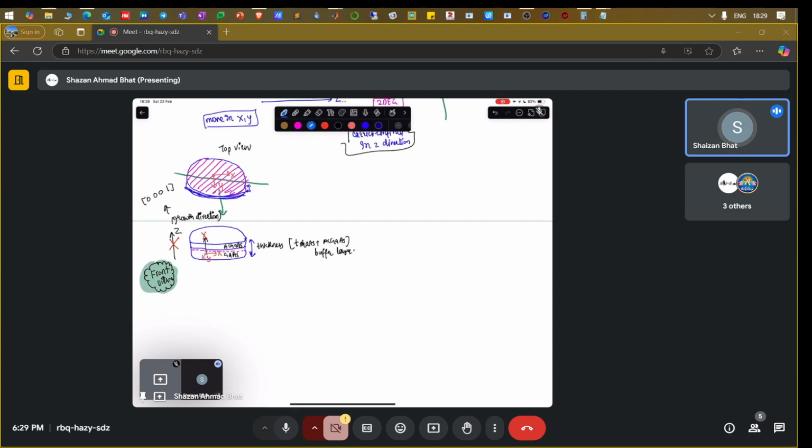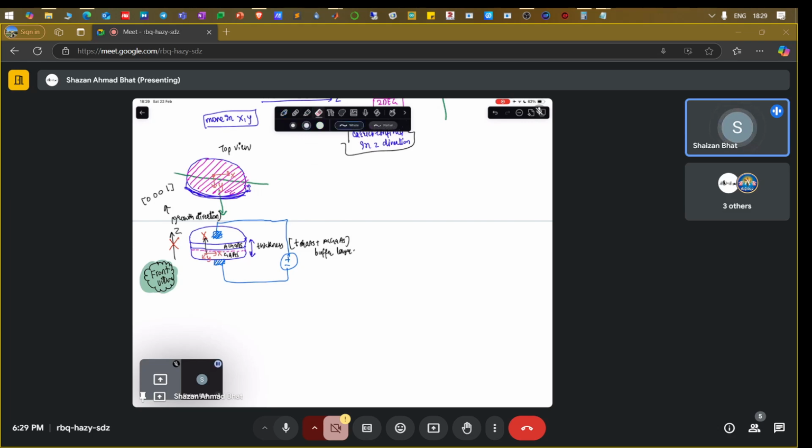So if you connect a metallic contact here, and a contact on the bottom, and give any voltage supply, you won't have any current flow, because the electrons cannot flow in the z direction.